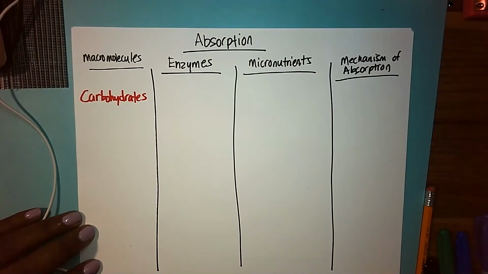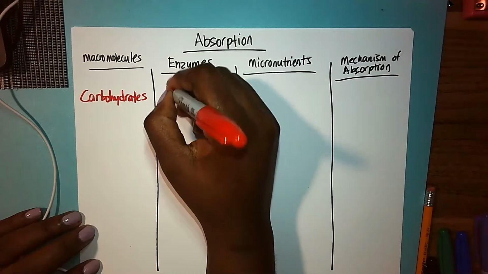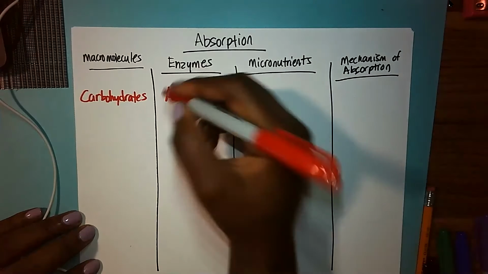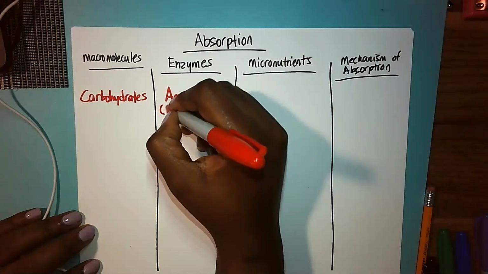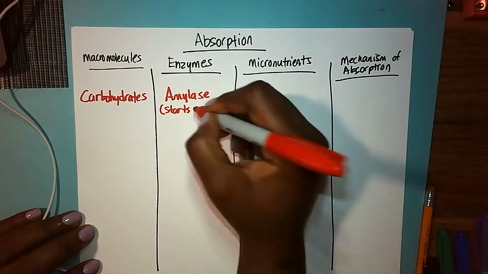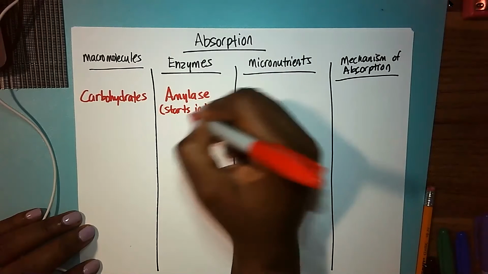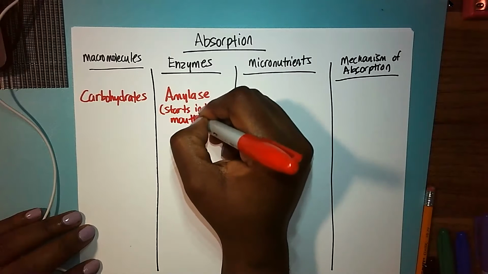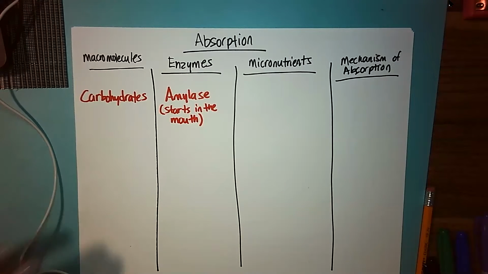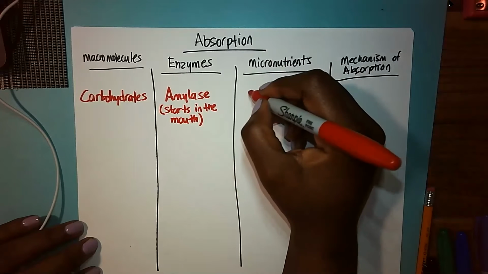And we know that carbohydrates are broken down by amylase. Let's put a note here that this starts in the mouth. So this is the only macromolecule where digestion starts in the mouth. The micronutrients that these must be broken down to in order to be absorbed are glucose or galactose.